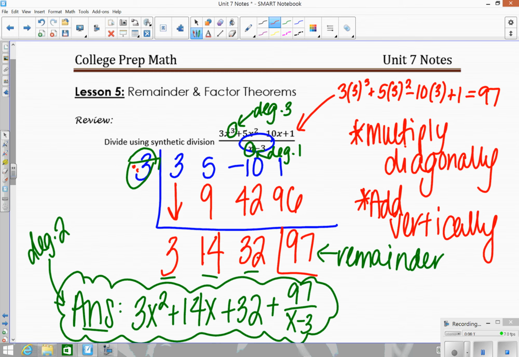So that means the remainder is equal to plugging in the opposite sign of whatever you're dividing by. So instead of x minus 3, you would plug in 3, and that would get you the remainder.